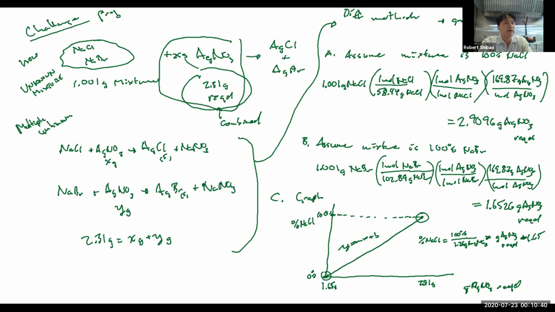If I have grams of silver nitrate and I'm calculating out percent chloride, so if I do this, let me see if I got it. Maybe I don't. 2.91 times 100 divided by 1.26 minus, well, actually, let's see what it equals. 230. No, it's actually 130. 130%. Well, the intercept is actually minus 130.